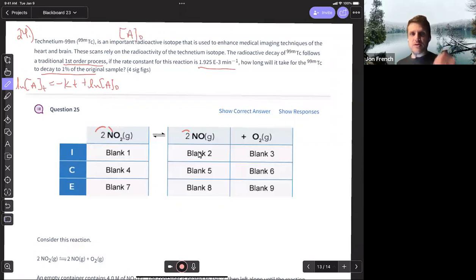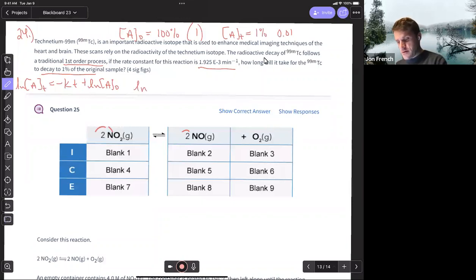Because we're looking for a percentage, we're going to say A at time 0 is 100%. So in decimal form, we're just going to use 1. At time 0, I have 1. And then at some point in the future, I have 1%. So A at time t is 0.01 in decimal format. So we plug all that in, right?